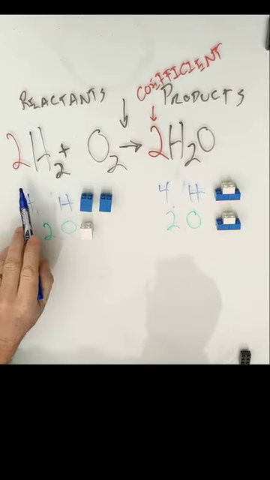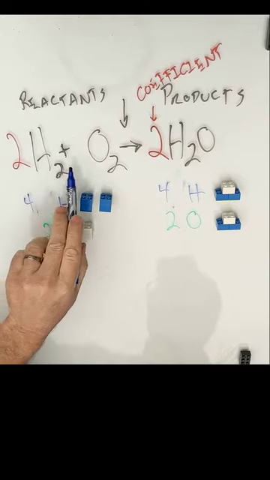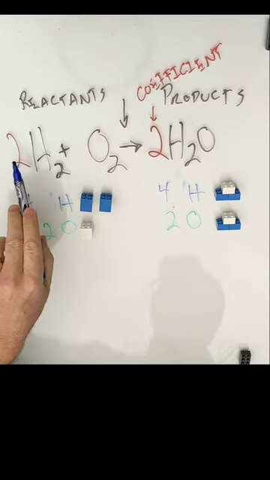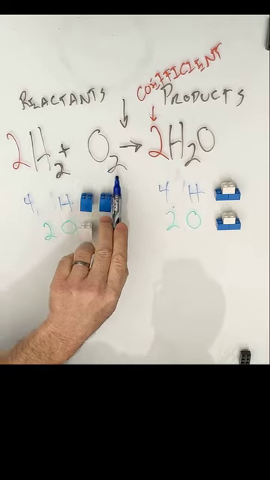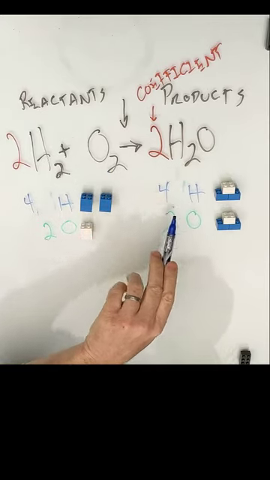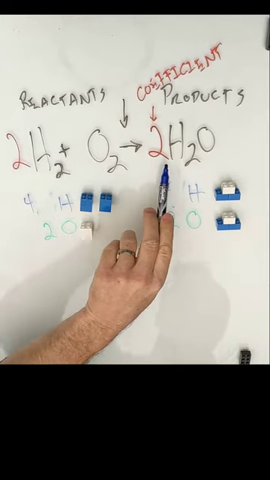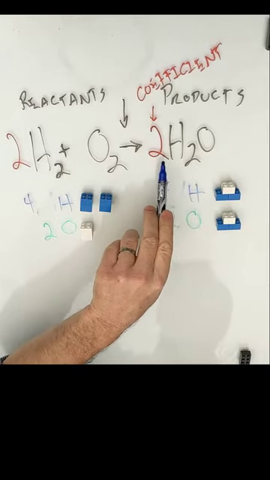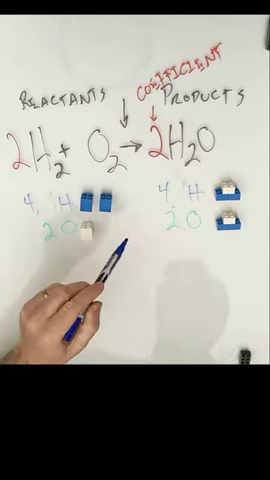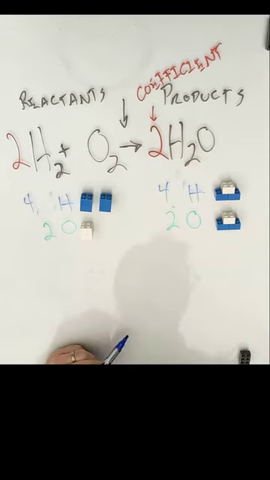By using these coefficients, 2H2 plus, there's an imaginary 1 there, O2 produces 2H2O. So 4 hydrogens plus 2 oxygens produce 2H2O, which is 4 hydrogen and 2 oxygen. So the numbers are now balanced.